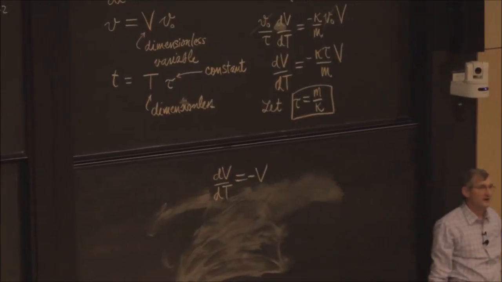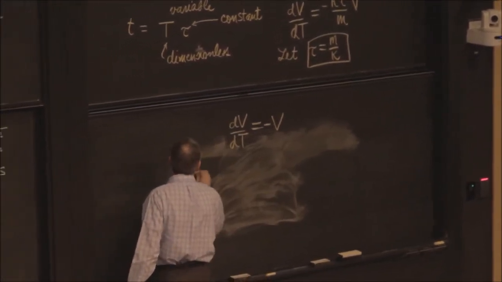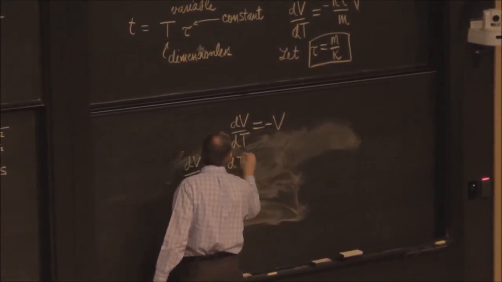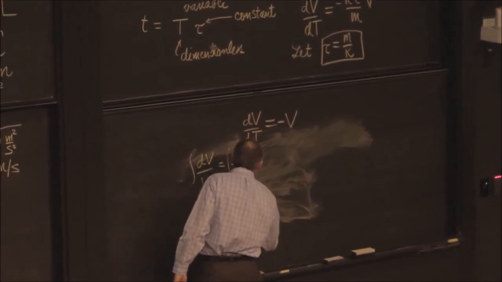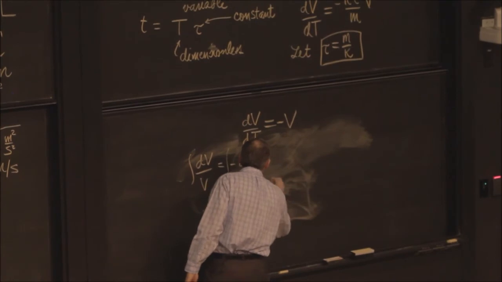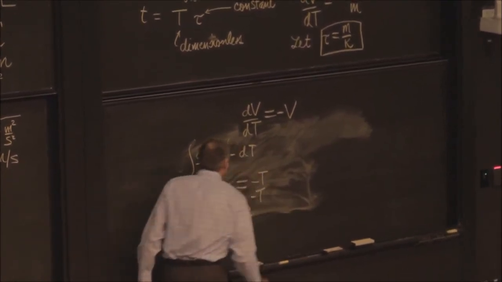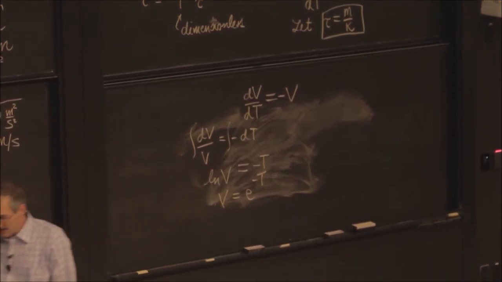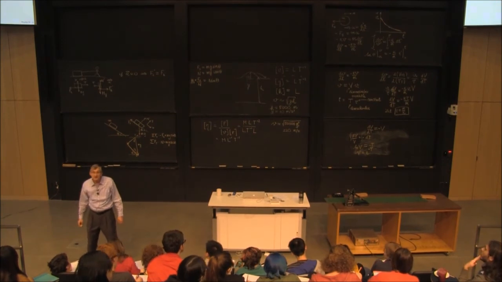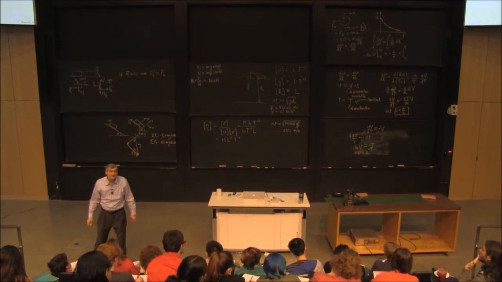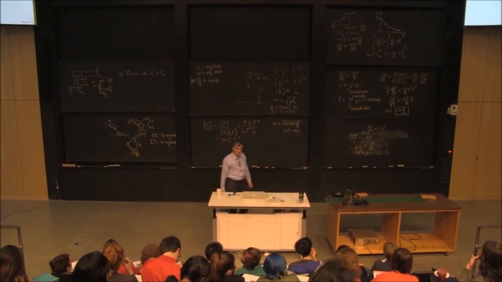And I have this time that comes out. That's the 1 over e time. By the time I separate variables here and integrate, I have the logarithm of V is equal to minus t. That is, V is equal to e to the minus t. When dimensionless time t becomes 1, the value of V is reduced to 1 over e of its initial value.